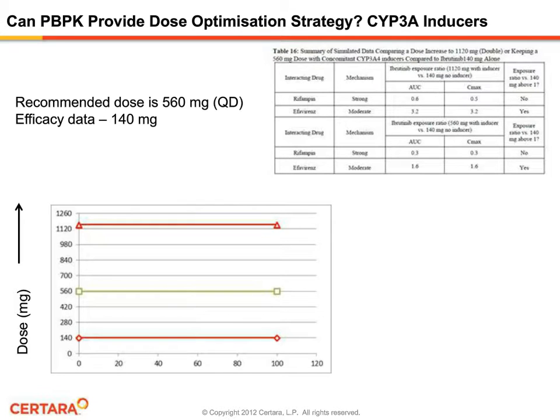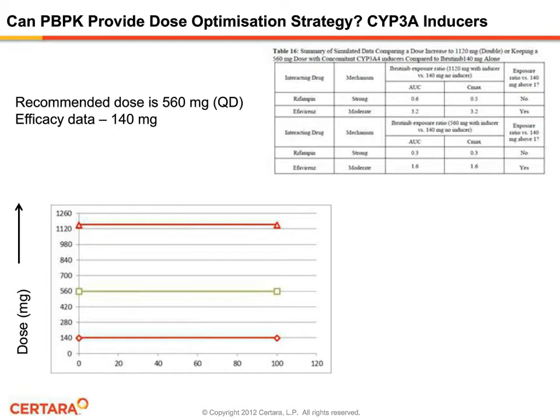So in other words, if you give 560 mg of ibrutinib with efavirenz, do you still end up with an exposure greater than 140, which is obviously the efficacy threshold, dependent on efficacy data here? And what they've said is that with a moderate inducer, in the case of efavirenz, yes, it is. But in the case of rifampin, even if you double the dose to 1,120 milligrams, you're still not going to get a higher concentration than the 140 milligram dose.